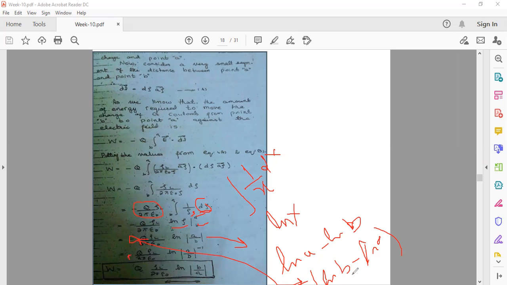Now, according to the log rule, we can write ln of B minus ln of A as ln of B divided by A.